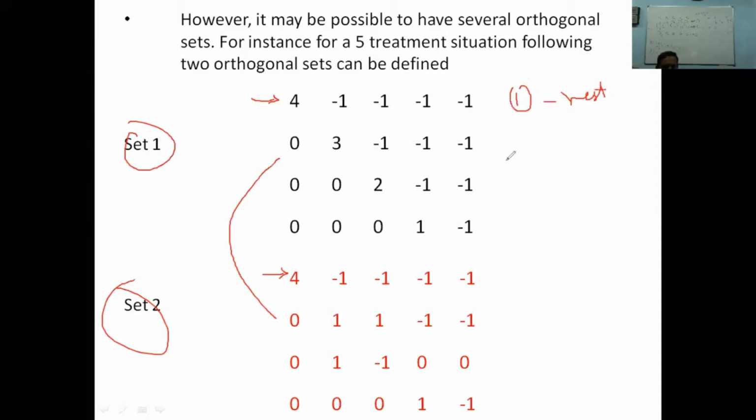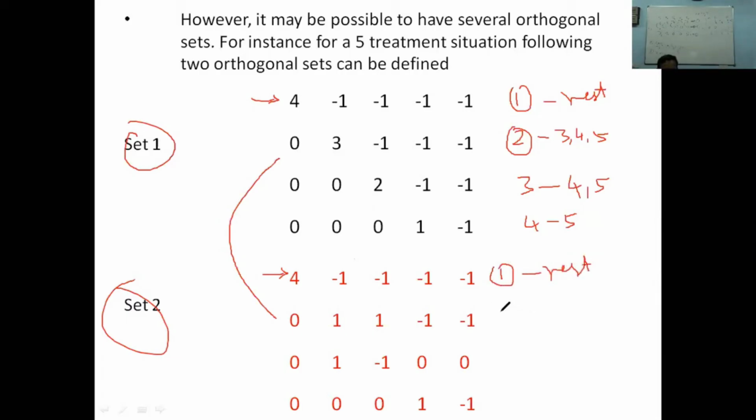Right, in this case 1 versus rest, 2 versus 3, 4, 5, isn't it? This is 3 versus 4 and 5. This is 4 versus 5, isn't it? In this case, this is 1 versus the rest.